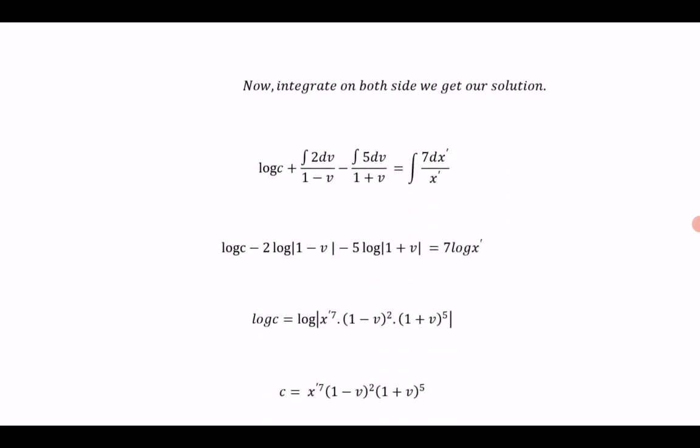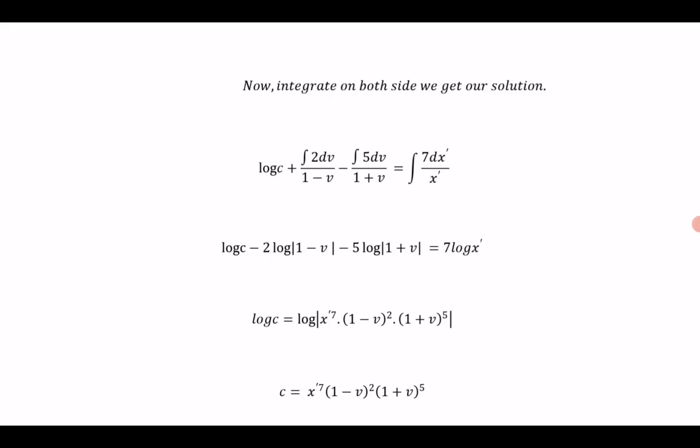Now integrating on both sides, we get our solution. Log c plus integration of 2 dv by (1 minus v) minus integration of 5 dv by (1 plus v) equals integration of 7 dx prime by x prime.